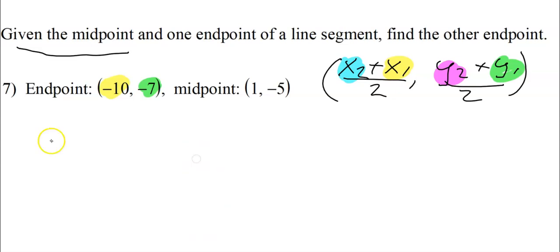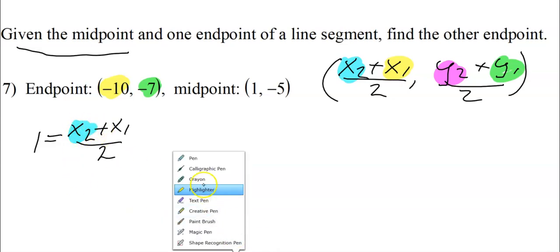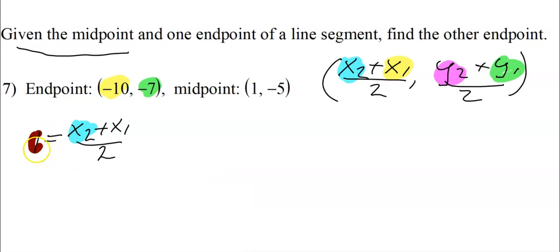So what I know is this x value, 1, equals x2 plus x1 divided by 2. So this 1 right here, let's choose another highlighter. This 1 came from right there.